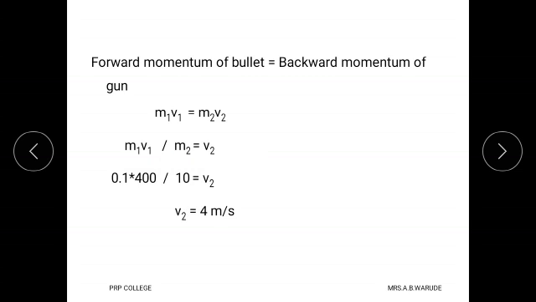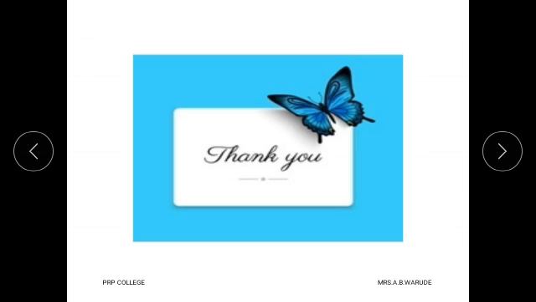Then put the values of m1, v1 and m2. We get m1 is 0.1, v1 is 400, upon m2 is 10. When we solve this, we get v2 is equal to 4 meter per second, and therefore the recoil velocity of the gun has the value 4 meter per second. This is called the recoil velocity of the gun.